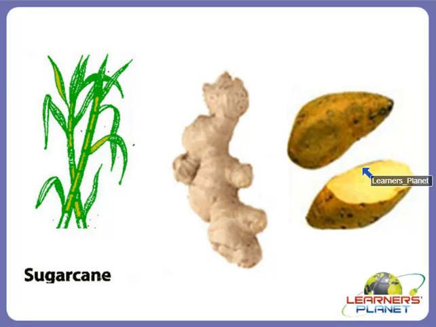For example, sweet potato and ginger. So children, these are some examples of such plants that have thick stems and they store the food prepared by them. And we eat these stems.